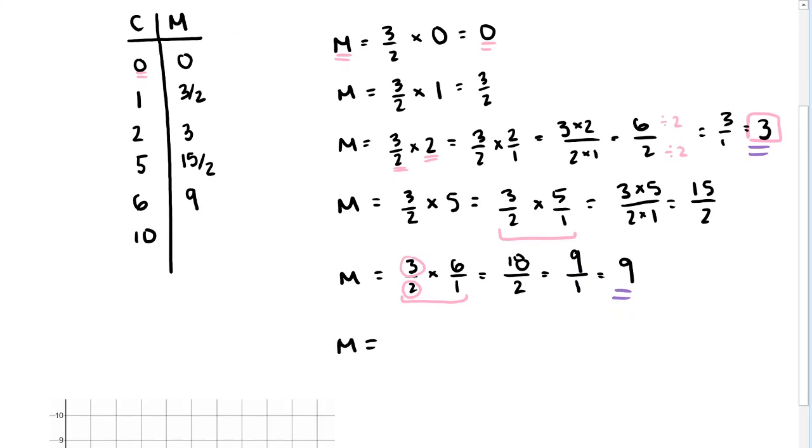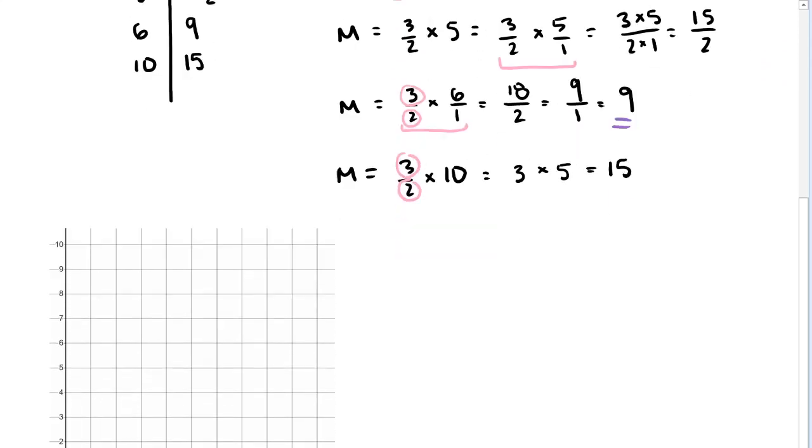We would take 3 over 2, and that would be multiplied by 10. And like I said, this is the same as dividing by 2 and then also multiplying by 3. And so when we divide by 2, that's really going to give us this 5, right? 10 divided by 2 is 5, and then multiplying by 3 gives us 15. Okay, so that's how we can take an equation and really make a table out of it.